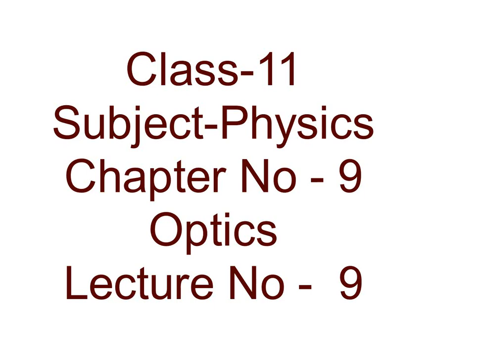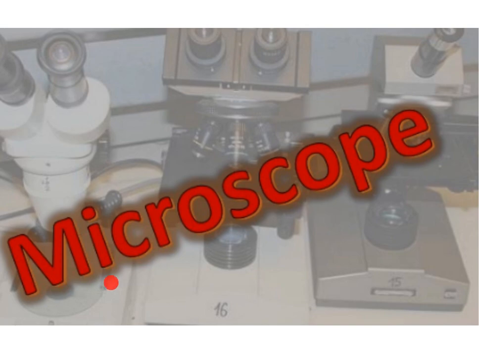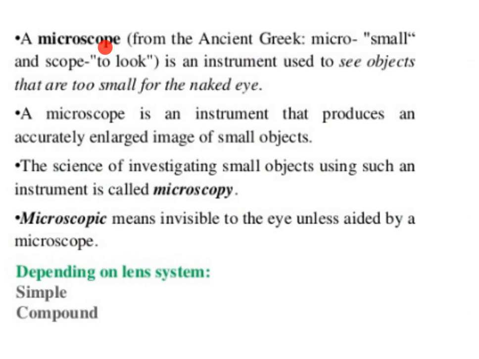Hello students, today we are going to start lecture number 9 on optics. In this lecture, we will study the microscope. A microscope is an instrument used to see objects that are too small for the naked eye.